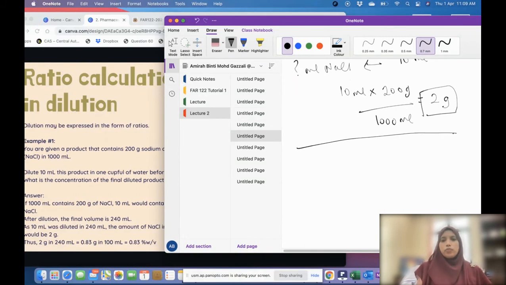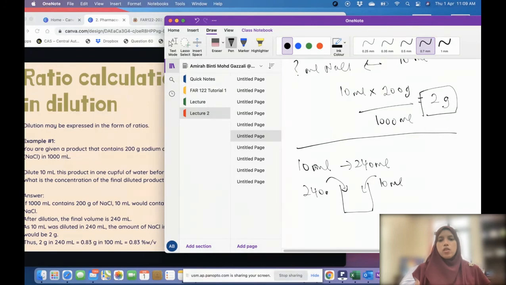Now, the patient is asked to dilute 10 ml in 240 ml of water. It means that the patient would need to take a cup, put in the 10 ml of sodium chloride product, and then fill with water until 1 cupful.